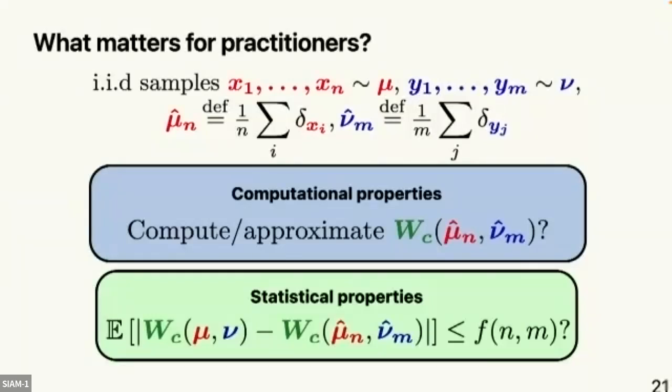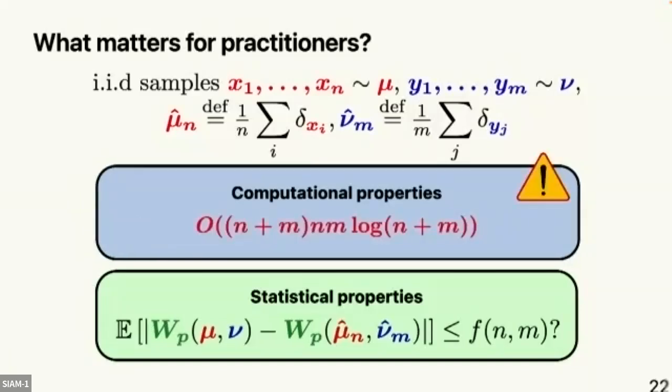The first point that I told you is that if I have access to samples from two distributions, and I really want to go this linear programming route, I will need to pay a price that is cubic in the number of points. The other aspect, which I think is more statistical, and I was referring to it in the introduction, is that there are two underlying densities. I want to compare them, but I can only have access to samples. When I get the samples, I can solve this optimal transport problem. That takes a lot of time. Okay, I'm going to pay for it. But does it actually approximate in any meaningful way the quantity that I want on the underlying density?